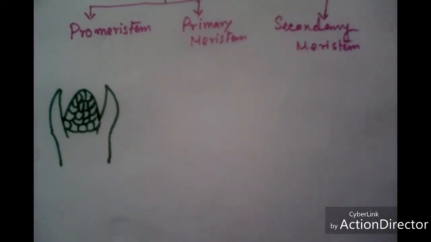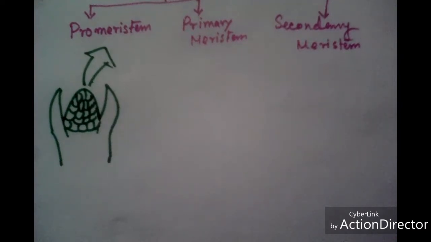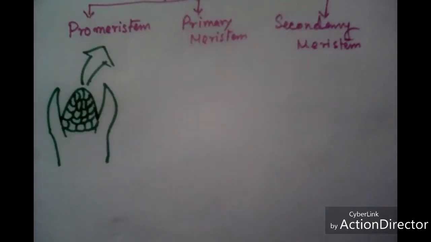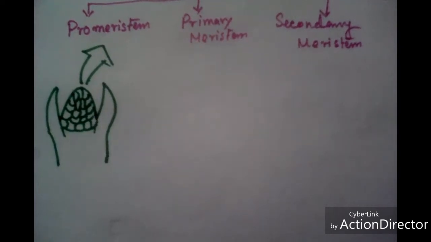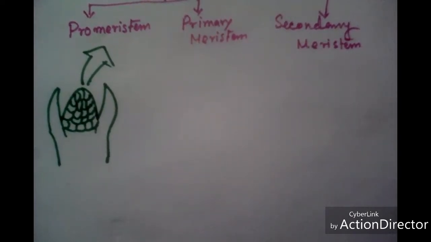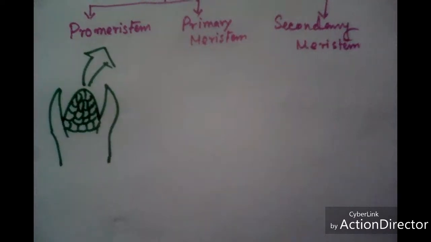It contains initial cells. Promeristem is present at the growing point of the shoot tip or root tip, and its function is to produce primary meristem.